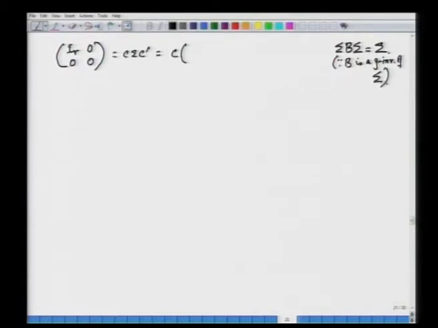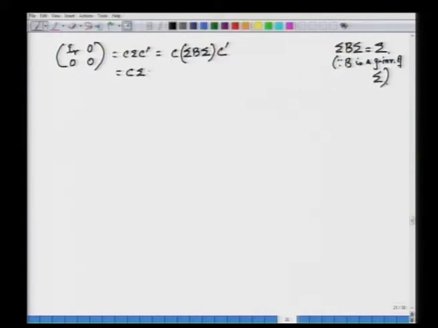So, I can replace this sigma by sigma B sigma, and I have a C transpose at the end. Now, this is a little bit of manipulation, a little bit of trick here.